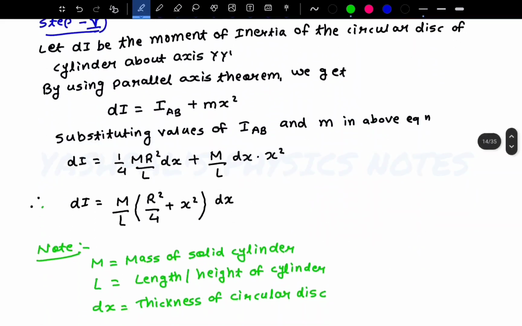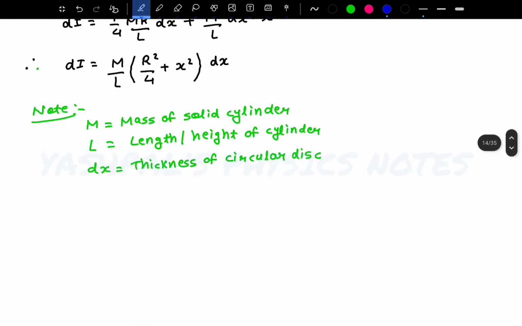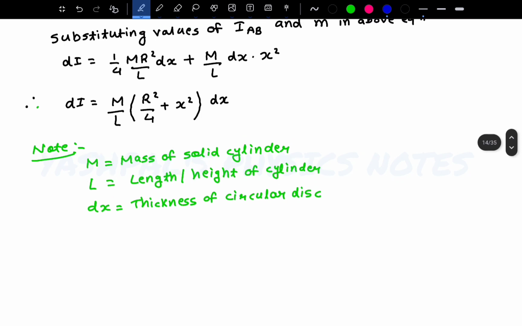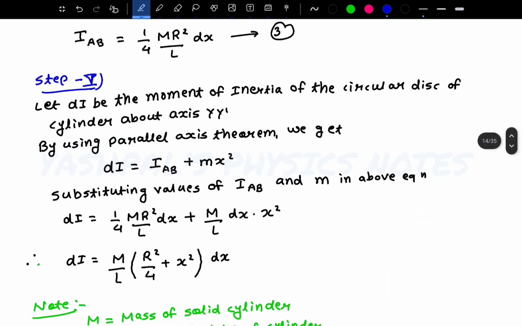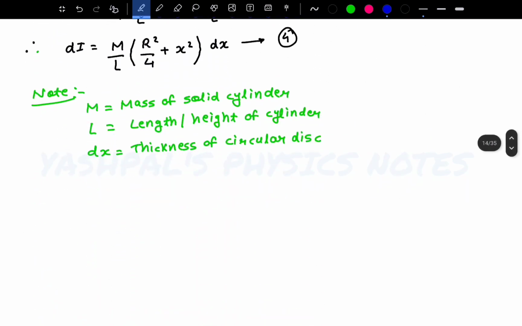Now in step number 6, what we are going to do, we are going to integrate this equation number 4. Give this as equation number 4. If we integrate this equation number 4, we are going to find the moment of inertia of the whole solid cylinder.